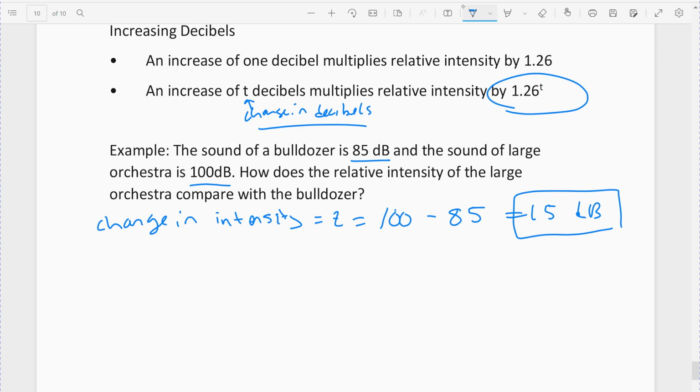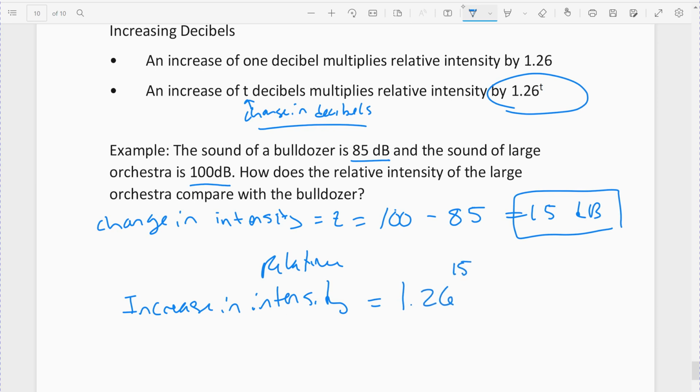Alright, so the increase in relative intensity is 1.26 raised to the 15, which comes out to be 32.